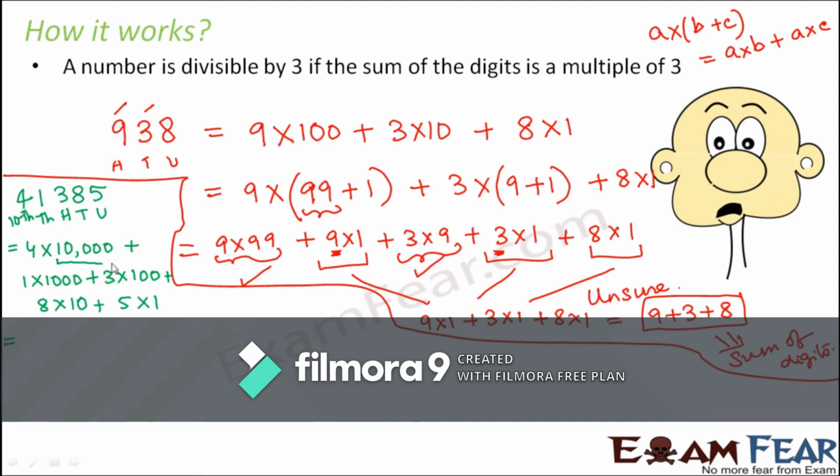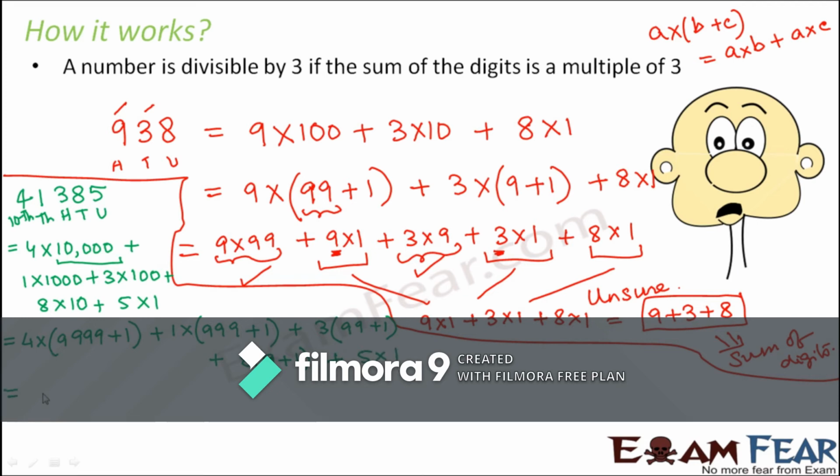Now in a similar way, instead of writing 10,000, we will write it as 9,999 plus 1. Similarly, instead of 1000, we will write it as 999 plus 1. Again, for 100, we will write it as 99 plus 1. For 10, we will write it as 9 plus 1, and the last one is 5 into 1.